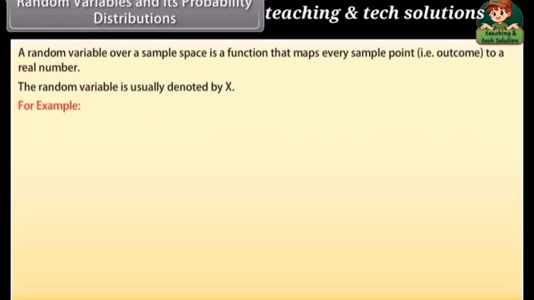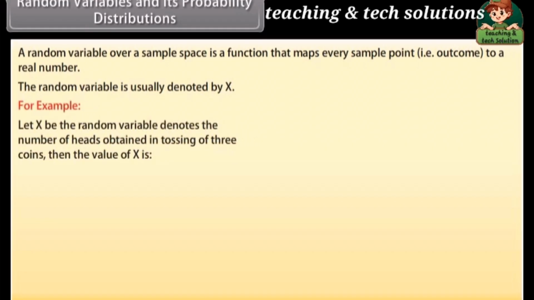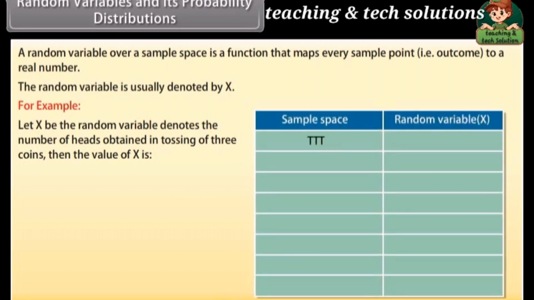For example, let X be the random variable that denotes the number of heads obtained on tossing 3 coins. Then the value of X is: for sample point T, T, T, the value of the random variable is 0. For T, T, H, the value is 1.